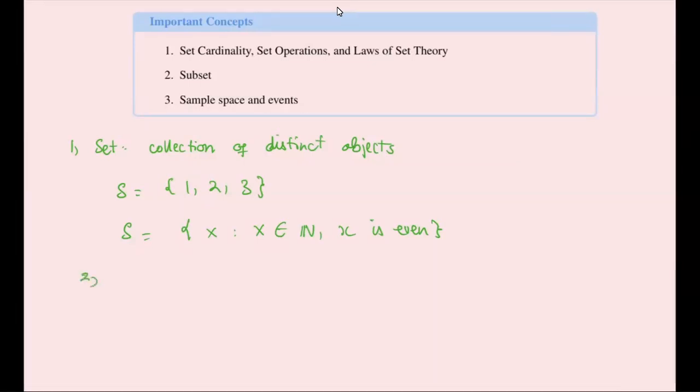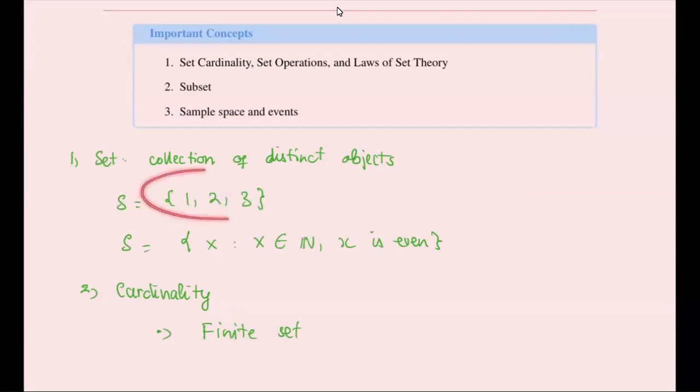The second thing I want to talk about is the cardinality of a set. There are a few different situations. The first one is we have a finite set. A finite set is the set that you know exactly how many elements are in that set.